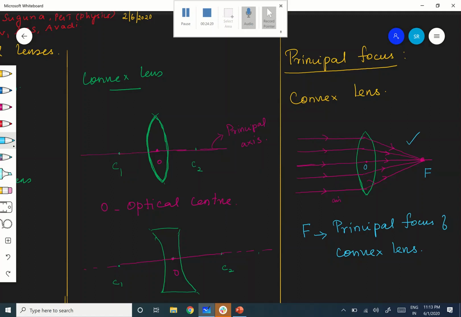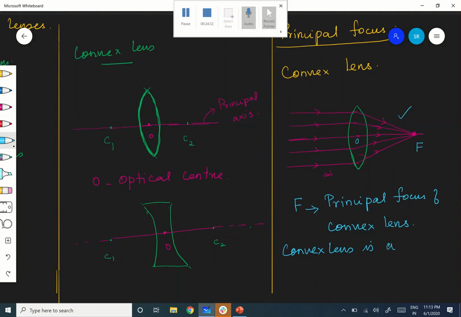Like that here, this is a convex lens, a converging lens. Why? Because when light passes through a convex lens, after refraction the light rays will converge. That is why it is called a converging lens. Hope you are following this.